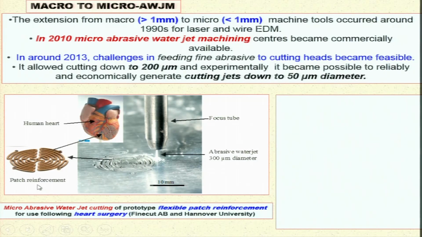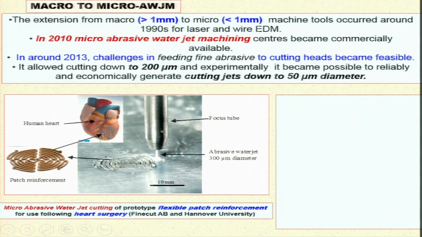You can see the patch reinforcement over here. This kind of patch can be cut with the help of micro abrasive water jet cutting. This is the heart of a human being, as you can see over here, and this kind of patch can be easily cut with the micro abrasive water jet machining process.